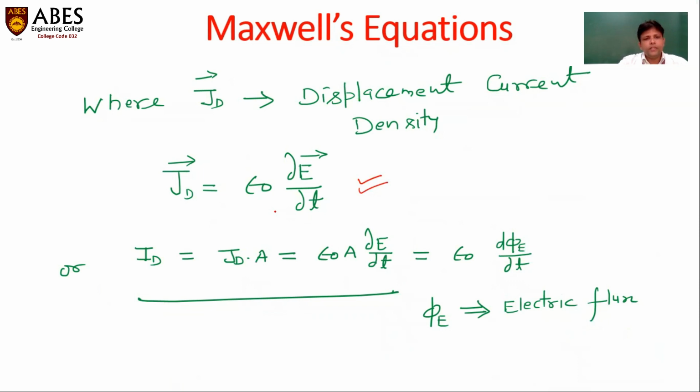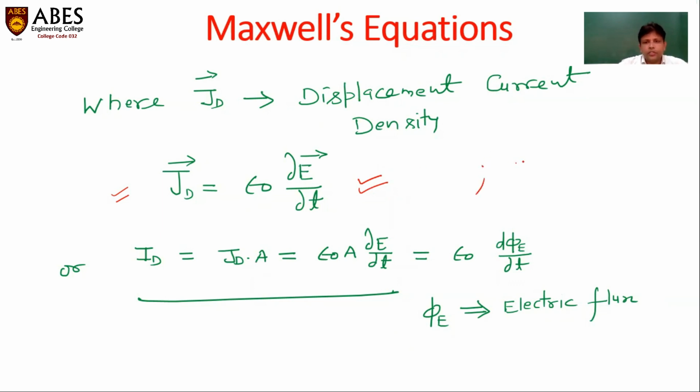From the formula, you can see that this displacement current density is produced because of the rate of change of electric field. As long as the electric field is changing with time, you get a value of displacement current density. If the electric field is constant, this displacement current density does not exist.